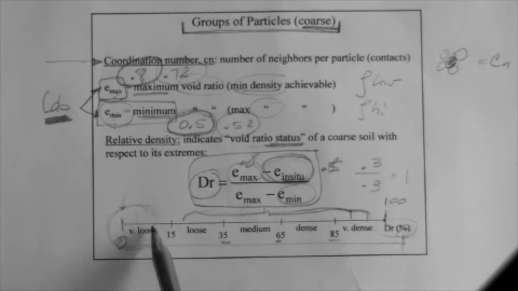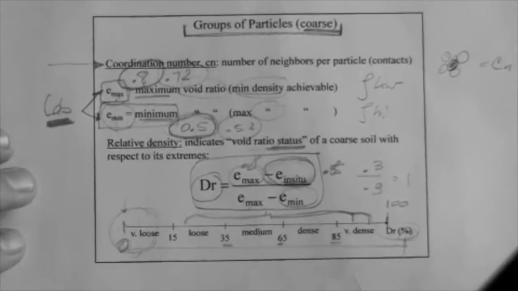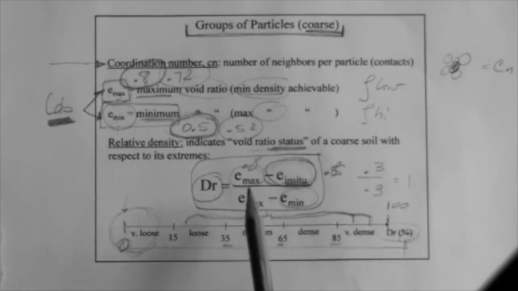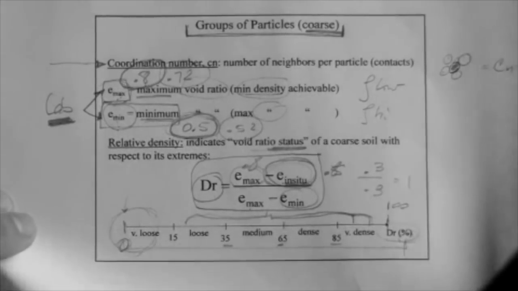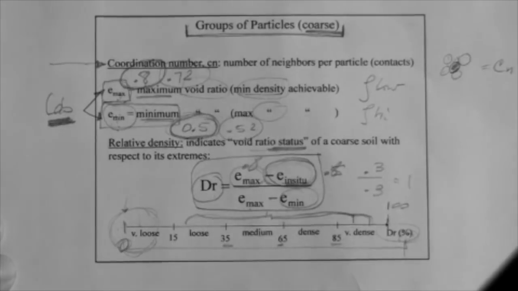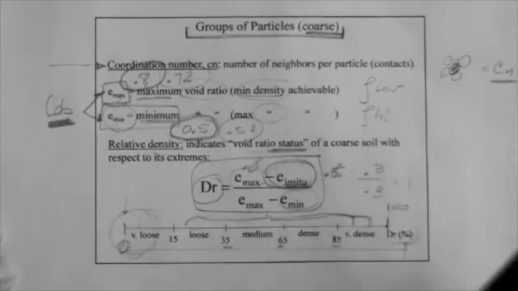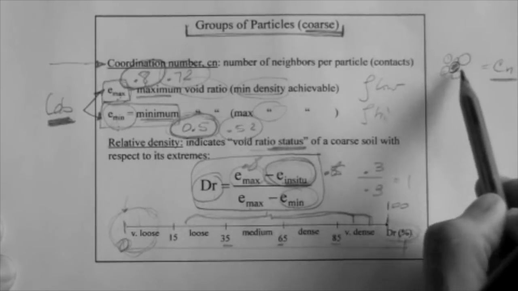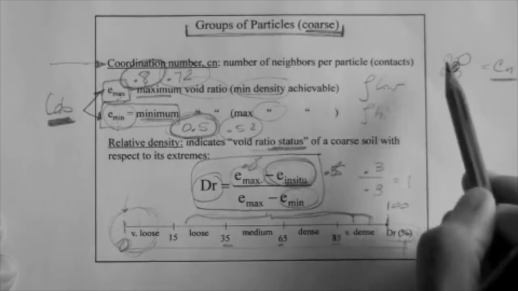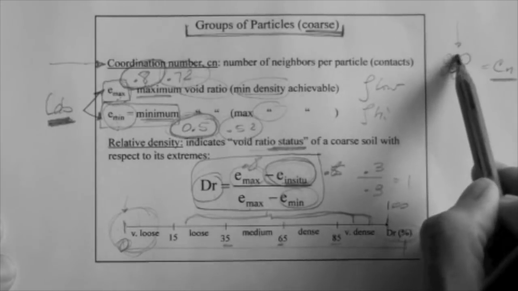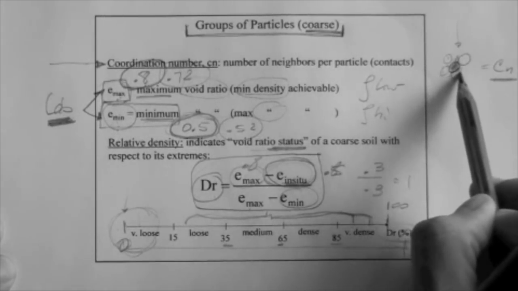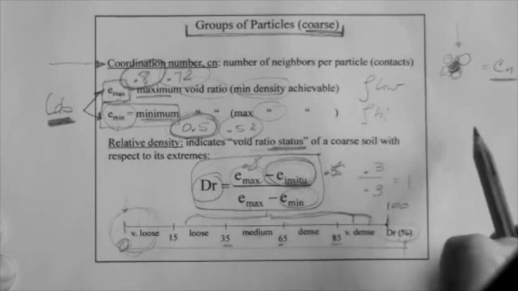In that case, of course, you would want to compact the soil so that you get a higher relative density, because remember, a soil that has a high density is one where the coordination number is high. So for each particle there are many contacts. That soil is strong and stiff, because if you load it, each particle needs to move relative to many others and grind against many others for the soil to deform.